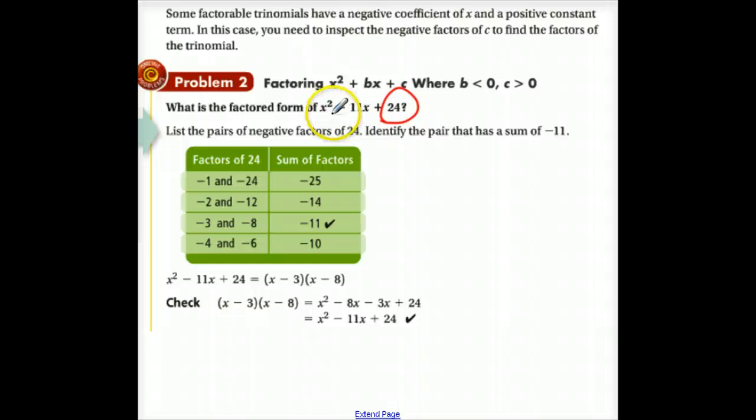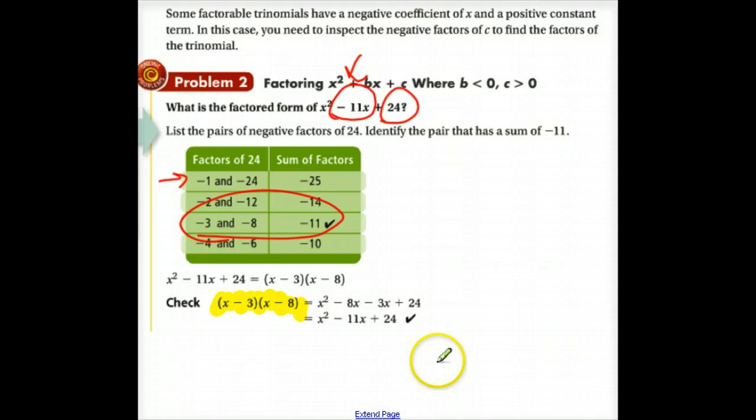Now, because we have a negative number that we need to add up to, they found all the factors that are both negative, because two negative numbers will add up to a bigger negative number. So instead of choosing 1 and 24, they chose negative 1, negative 24, negative 2, negative 12, etc. They found that negative 3 plus negative 8 equals this negative 11, and it also equals 24 when you multiply. So their final answer was x minus 3 and x minus 8.